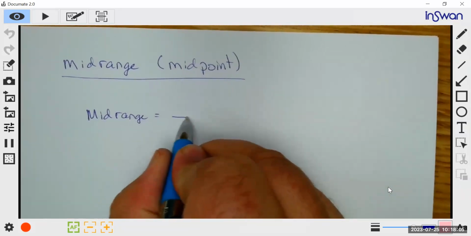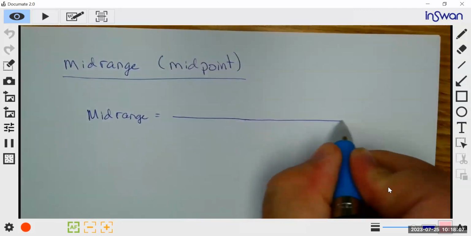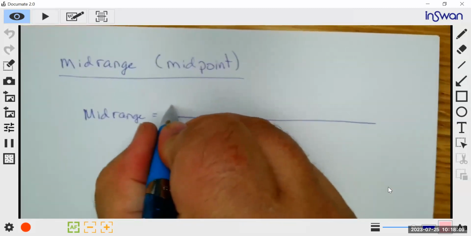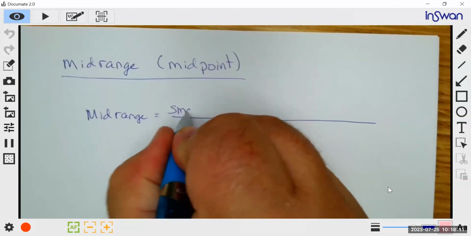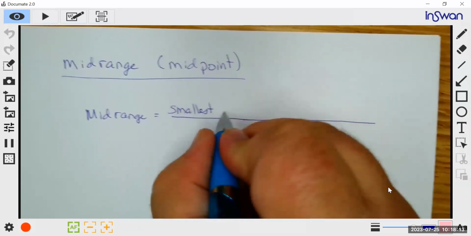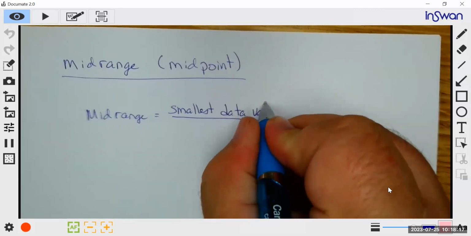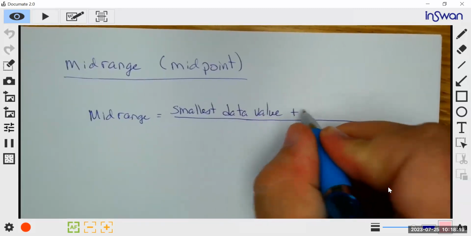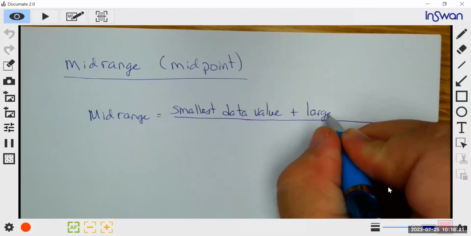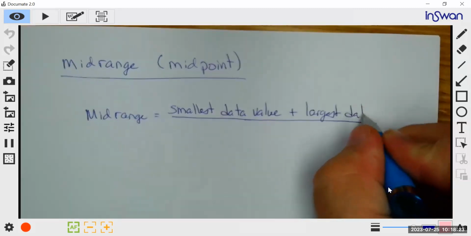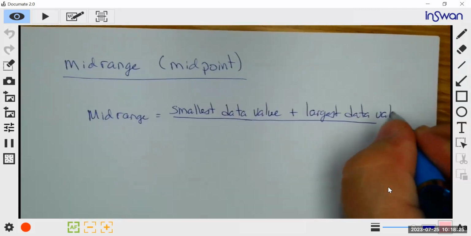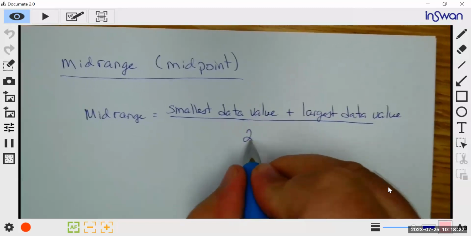The formula is just this: smallest data value plus the largest data value divided by 2.